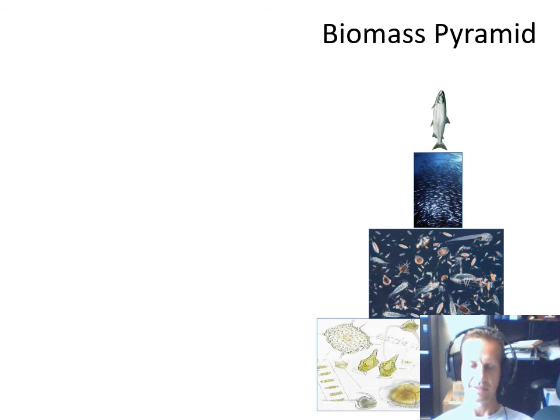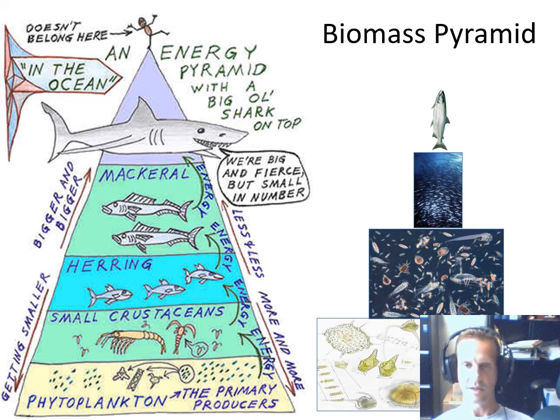And so there's kind of this irony that the organisms themselves are getting larger as you get to higher levels in the food chain, but the total amount of organic material that is contained in those organisms is less than at the base.